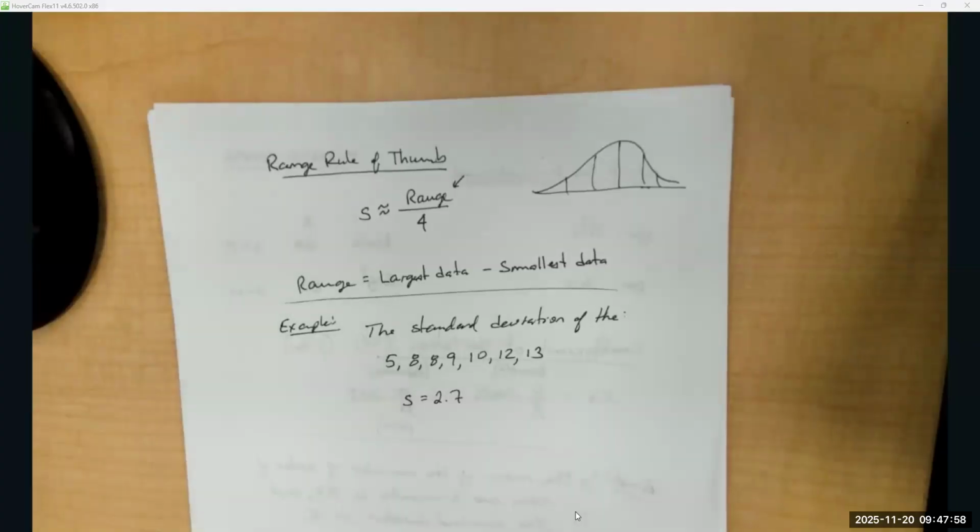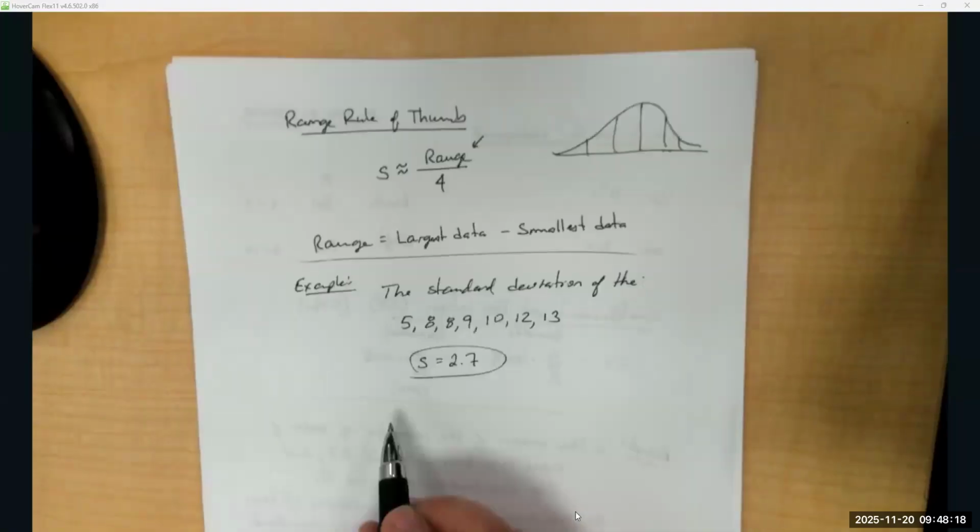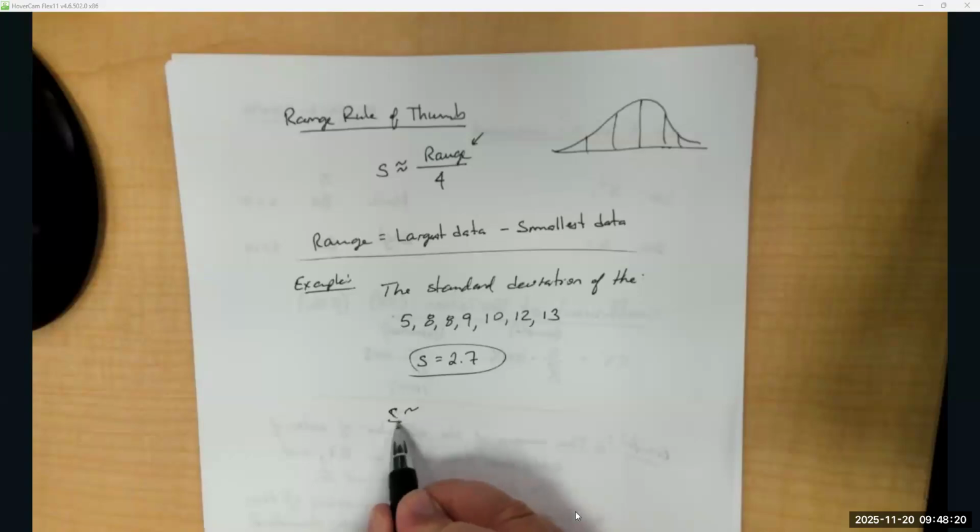How would we find the standard deviation with this data set? The shortcut, we have the formula of n times the summation of x squared minus the summation of x, squared in parentheses, divided by n minus 1. We could do that, a lot of work. Or let's check the shortcut and see how close it is.